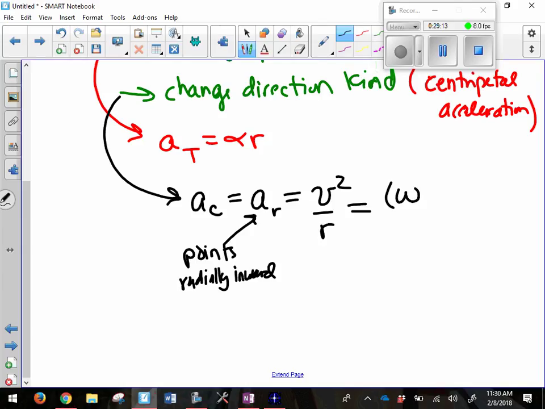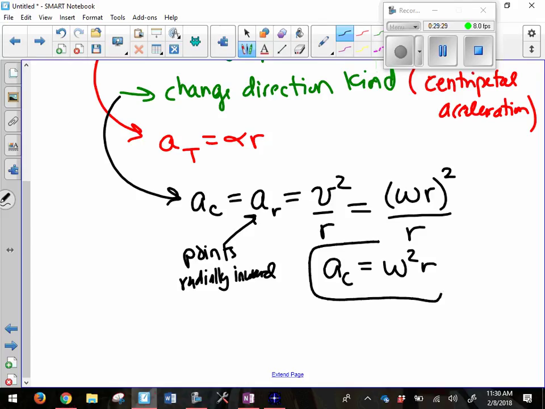Omega R. So omega R squared over R. I can cancel one of my R's and get a c is equal to omega squared R. And I think I did the algebra right that time. Or we should also add that this is a r. It's equal to a c.